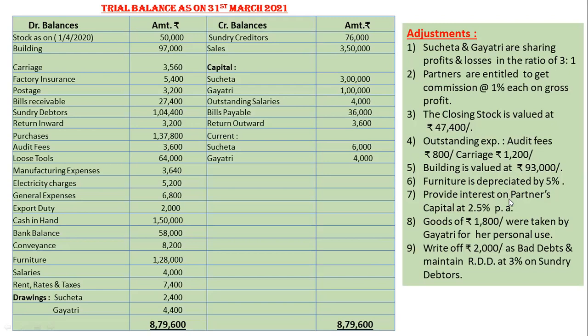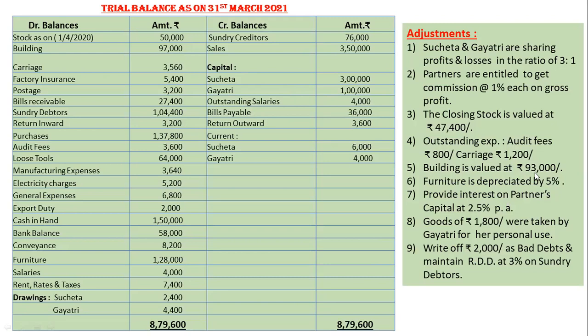In the trial balance, the value of the building is shown as rupees 97,000, and in the adjustment, the value of the building is rupees 93,000. The difference of rupees 4,000 is to be treated as depreciation, and it is shown in the second working note.